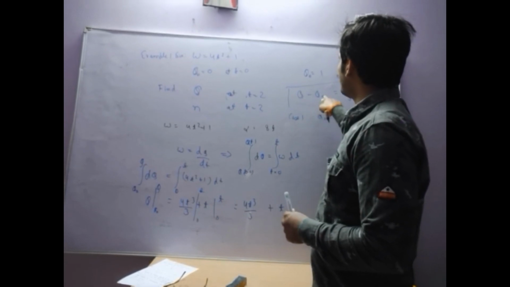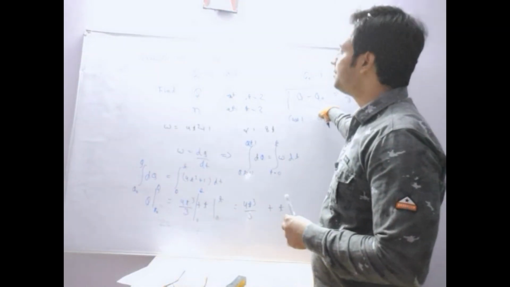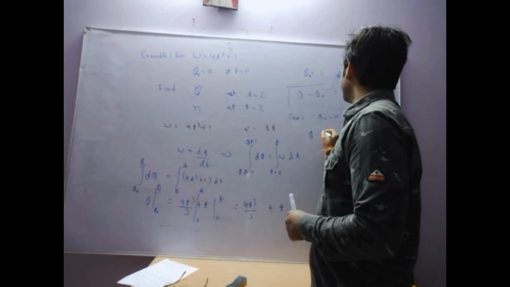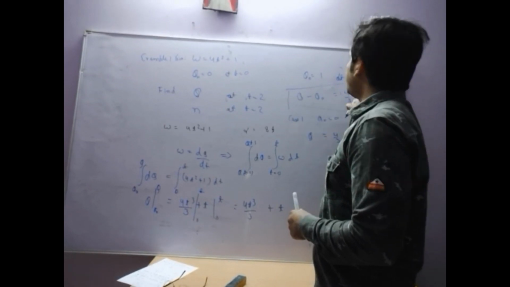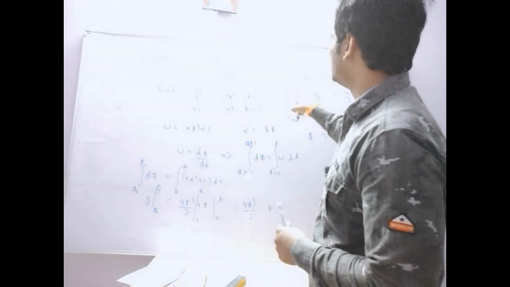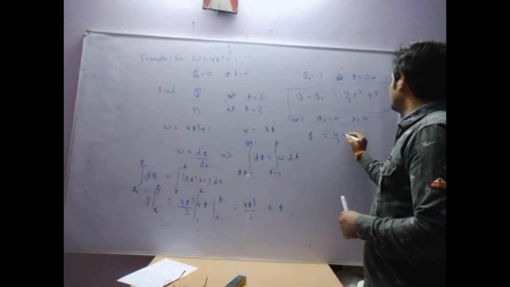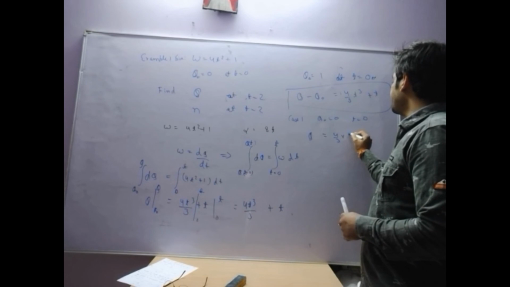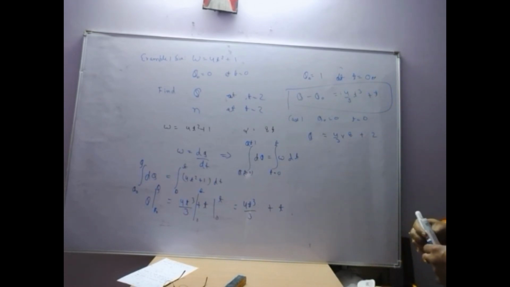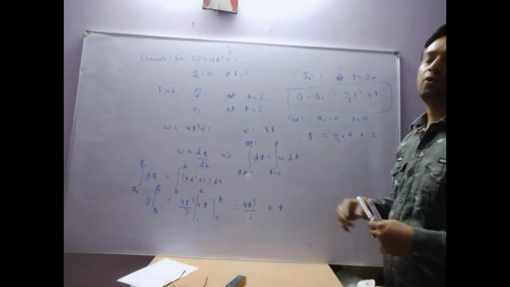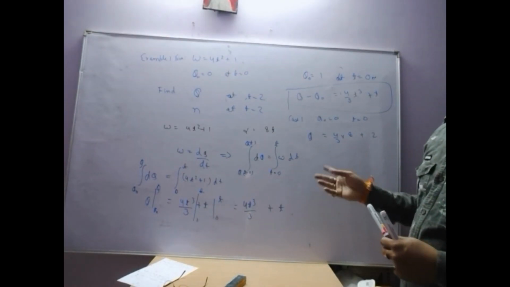So we put the value of theta naught here, and theta at t equal to 2 seconds comes to be 4 times 2 to the power 3 by 3, which is 32 by 3.